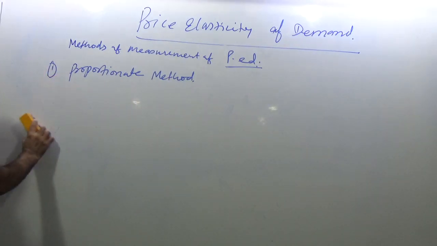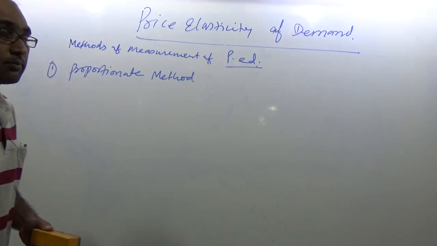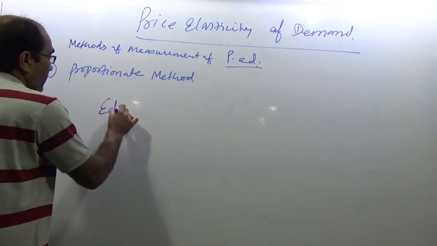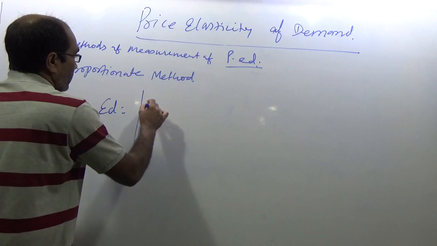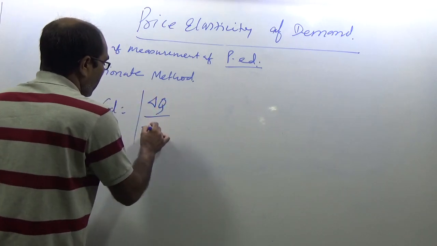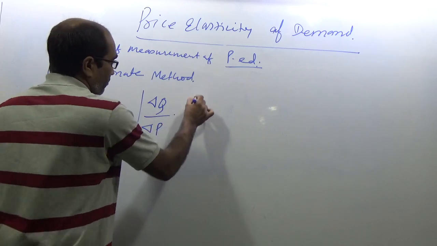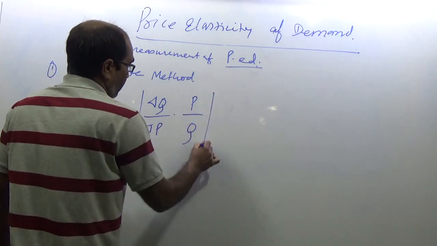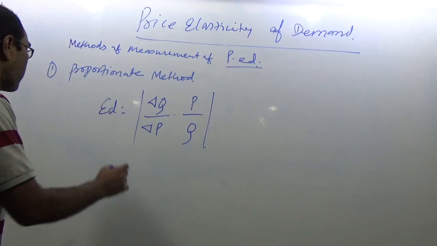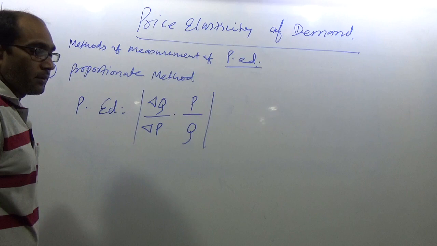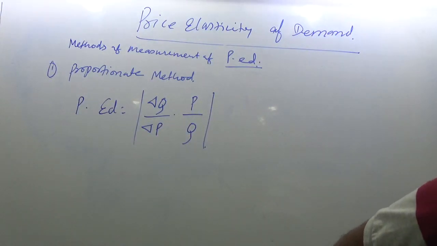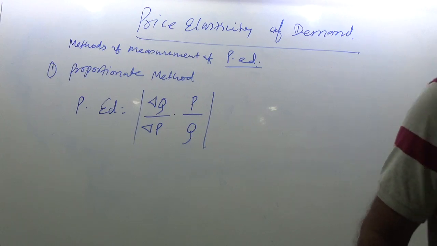The first and most important method is proportionate method. ED equals delta Q upon delta P into P upon Q. Dear students, ED is price elasticity of demand. We already discussed the process of development of the formula for proportionate method.